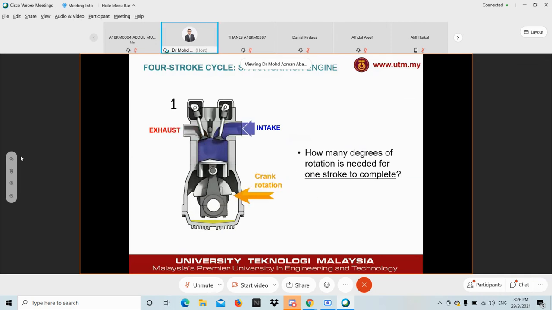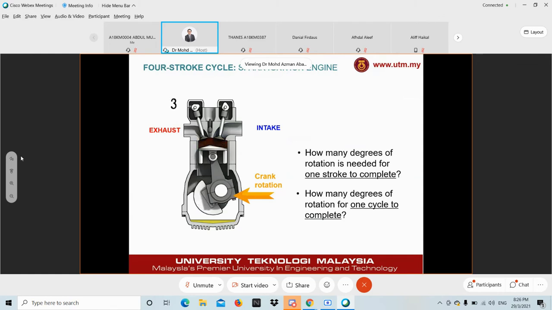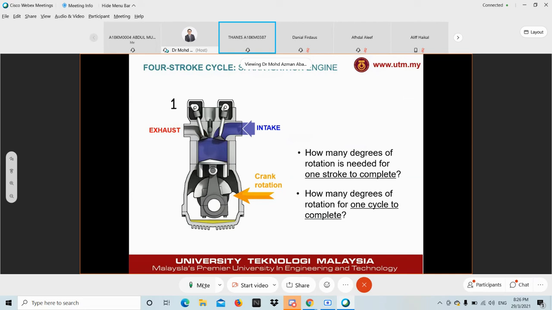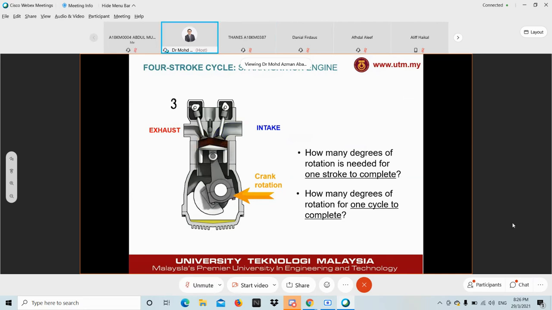But then, okay, remember the crank rotation. Then comes the question, how many degrees of rotation for 1 cycle to complete? If you say 1 stroke is 180 degrees, then 1 cycle is how many degrees? 720 degrees. Yeah, okay, thank you.